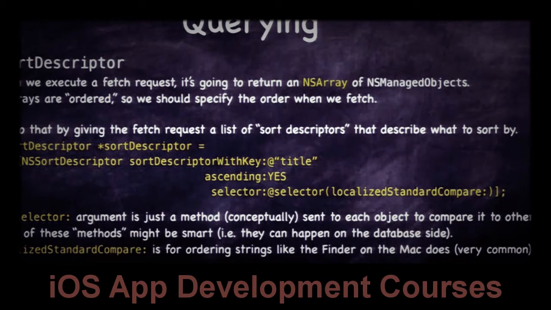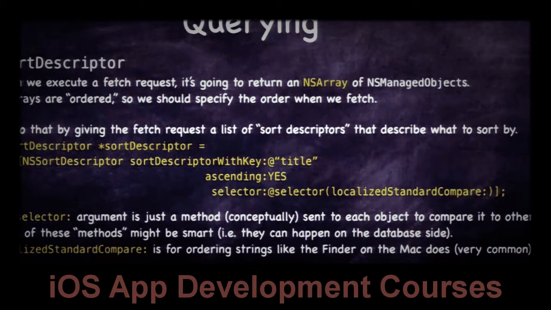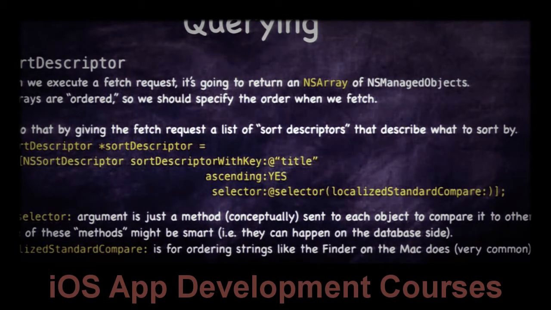Okay, that's what localizedStandardCompare is. There are other selectors that are sensible if it was a string type property, like localizedCaseInsensitiveCompare, which sounds the same, case insensitive sorting, but the diacritics are handled differently in that case. So that's why you would want to use standard compare. So you can look up in sort descriptor to see what kind of methods are built in.